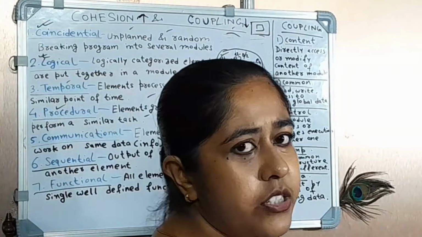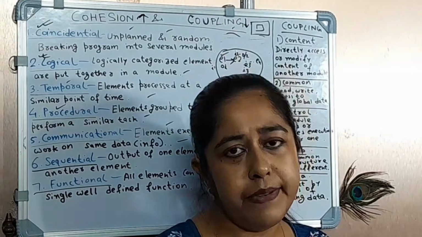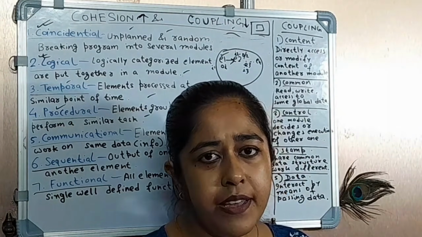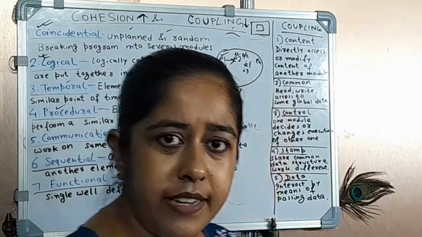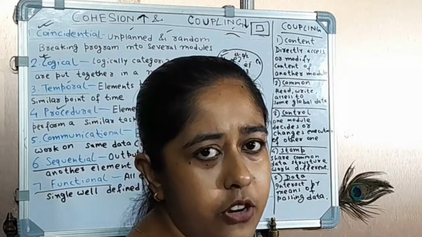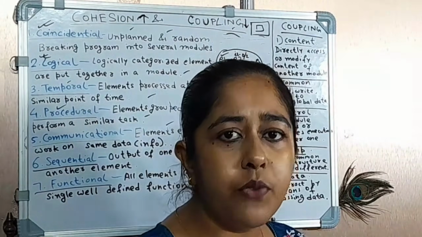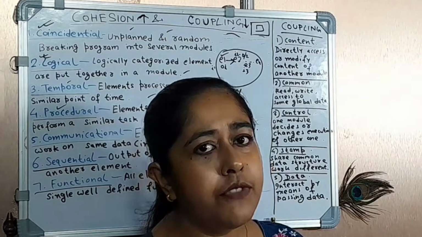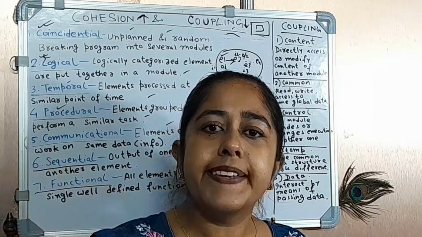Sequential cohesion means the input of this particular element should be the output of another element. Here no instant of time, logic, or data, or anything else, we are not describing that. Here the only thing we are seeing is that the input of one element should be the output of the previous element. This sequence should be maintained.